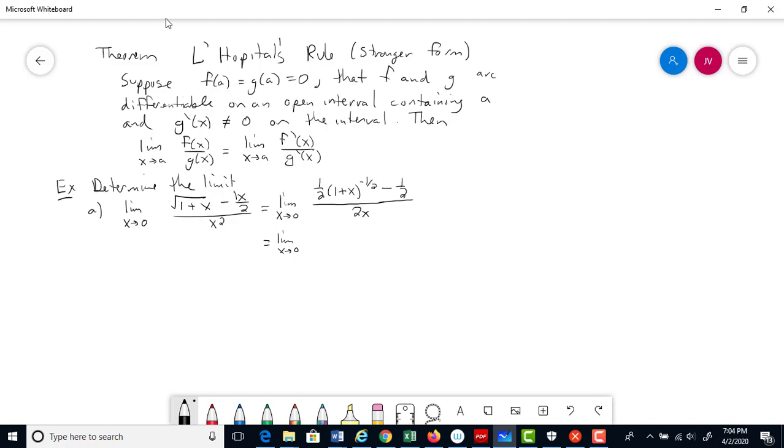I'd like to clean this up a little bit. So this is going to be equal to 1 all over 2 times the square root of 1 plus x, minus 1/2. Now what I'd like to do is add all these things together, but I don't think I really have to. Let's just take a look. All over 2x.